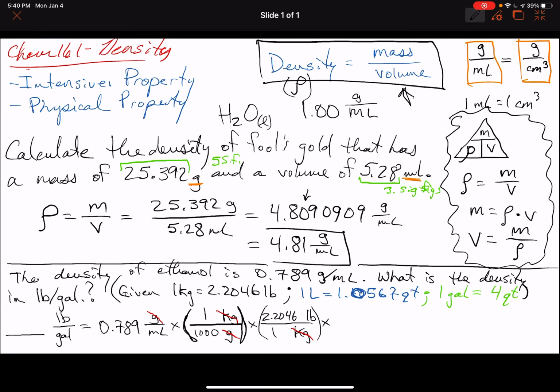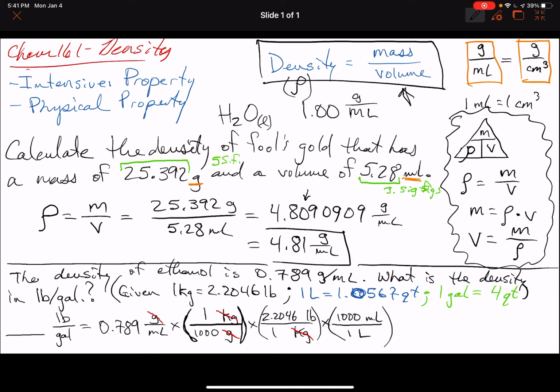Let's now start to do some work on the denominator, the milliliters piece here. We know that 1 liter is equal to 1.0567 quarts. So if we could get the milliliters part into liters first, then we'd be able to use that blue information above. So let's do that. Let's cancel the milliliters. I know that 1 liter is equal to 1,000 milliliters.